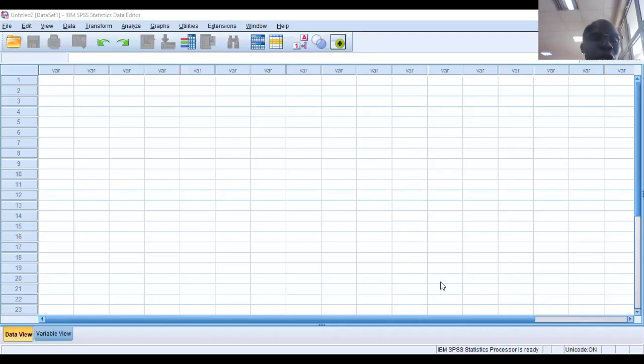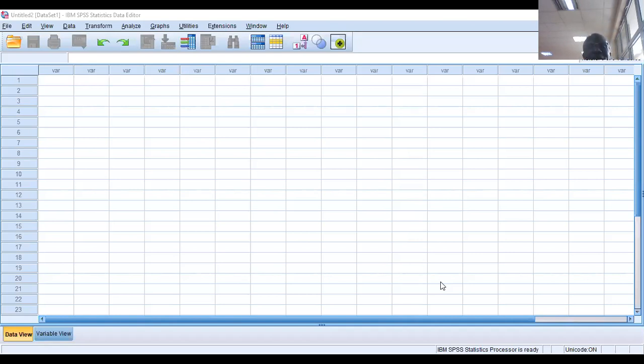I'll share it if it's not shared. I just clicked new and this is what I got. That's it. So if you look at this, which MS Office application does it look like? Excel.